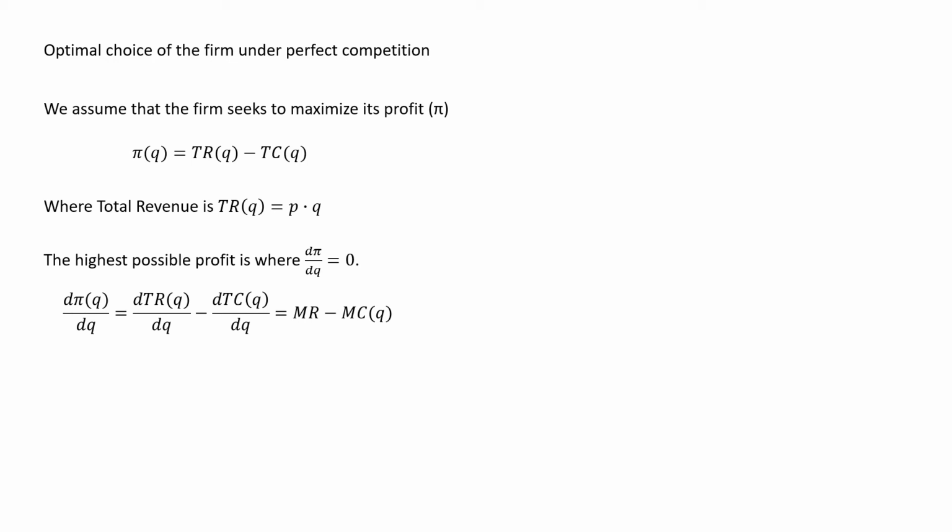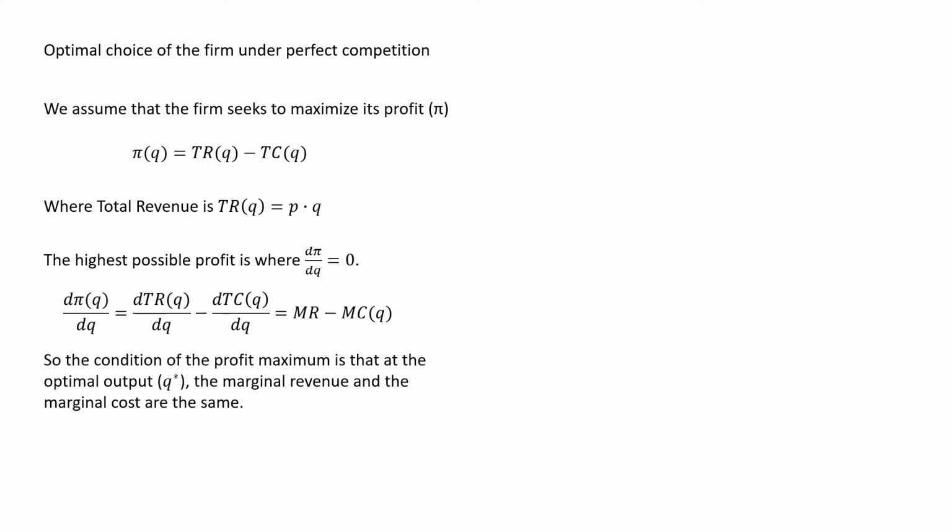If you do this, then you will see that because of the linearity of the profit function, you can write the first derivative of the profit with respect to Q as marginal revenue, which in this case does not depend on Q. It is just simply P minus the marginal cost, which in turn depends on Q.